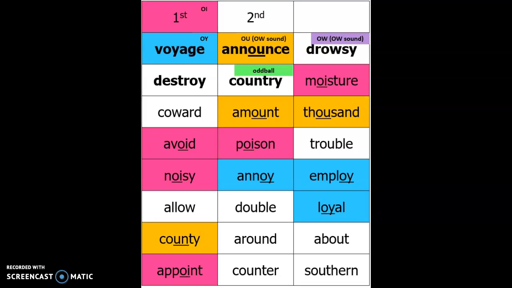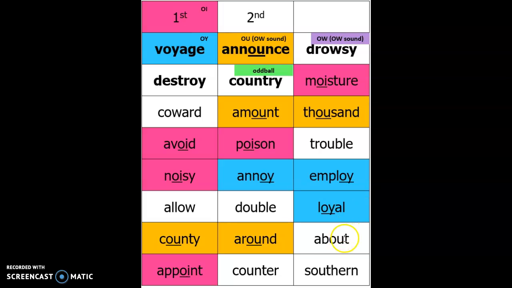Ow sound spelled with an OU. Oops, I highlighted the end. The OU. County. Ow sound. The next word we have is around. Around. Ow sound with OU.